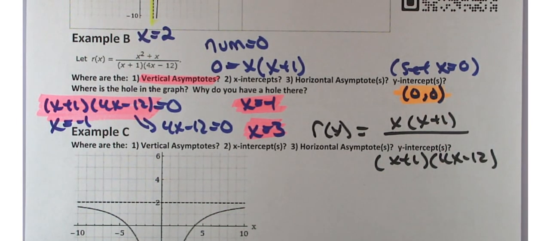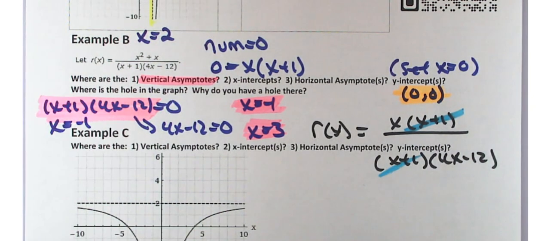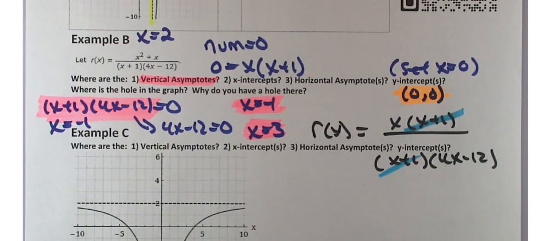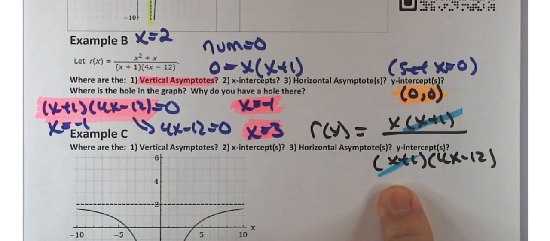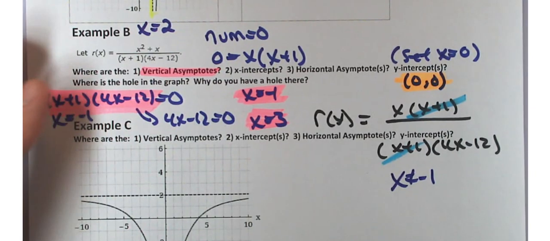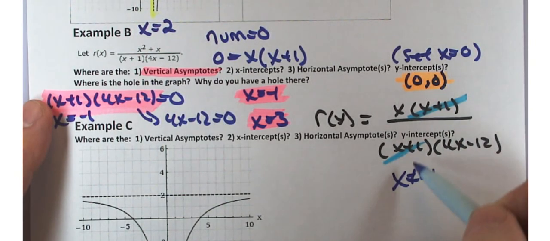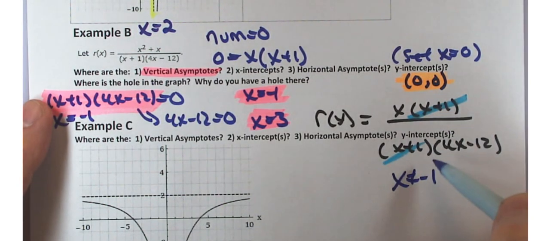What's screaming out to do? Cancel. And you can cancel it. You just got to remember that with the original function, x can't equal -1. There's going to be a problem there. x can't equal -1 because you'd end up with 0 over 0. 0 over 0 is undefined, so we'll have to throw that one out.